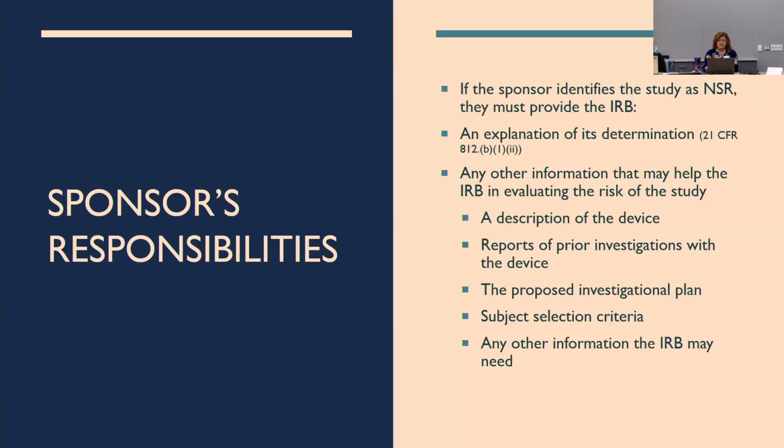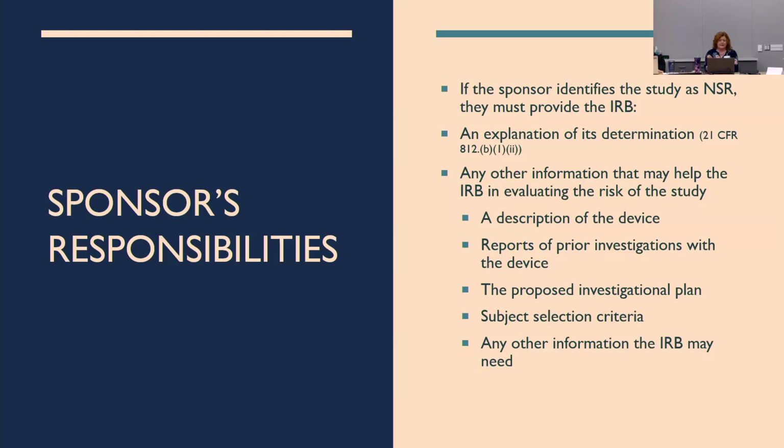So what they need to do is provide this explanation that includes a description of the device, reports of prior investigations if that's needed, the proposed investigational plan, including enrollment criteria. So these are things that you could ask as an IRB member or as a study coordinator who's getting ready to submit this. Don't be surprised if this information is asked. And clearly a lot of it is just going to be what you need for regular IRB review anyway with the protocol and the device description.